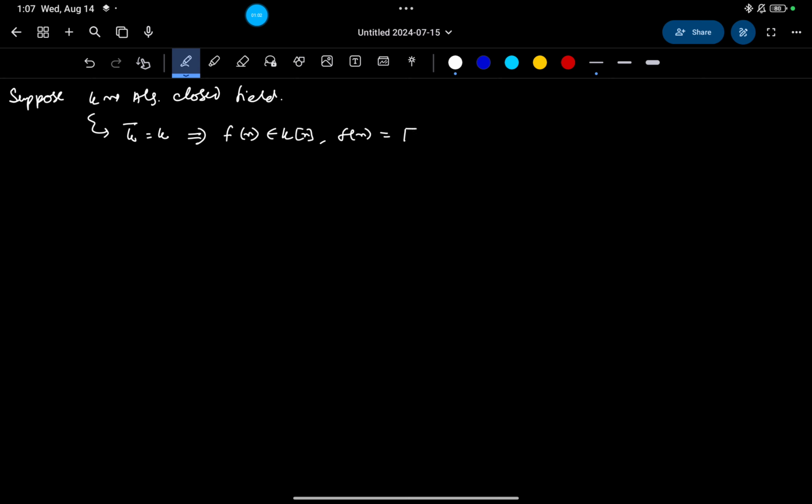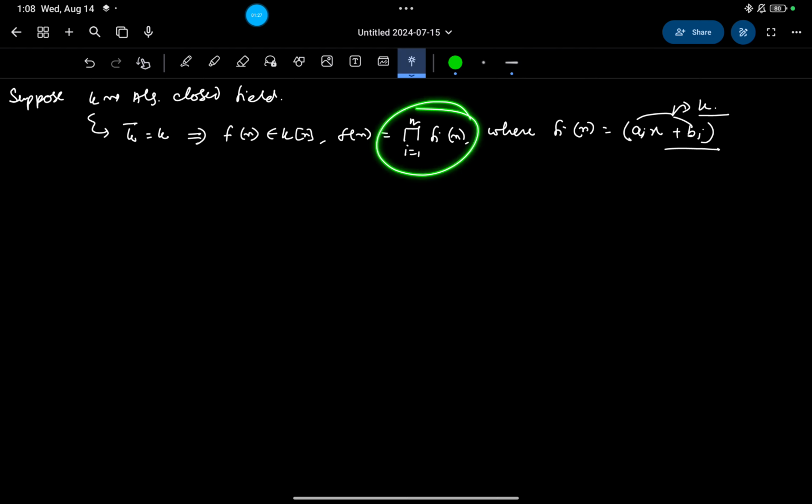Means I can split it up like a product over i equals 1 to n of f_i, where each f_i is of the form a_i x plus b_i, where both a_i and b_i belong to K. So I can split it in such linear terms, okay.